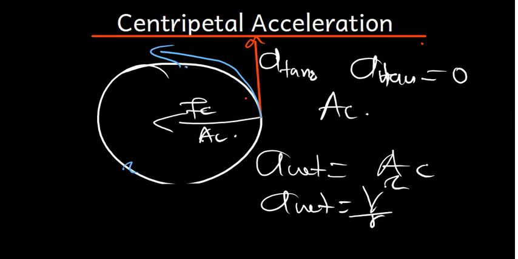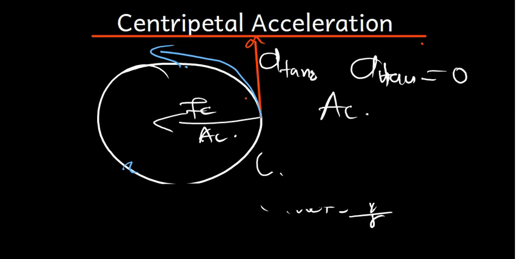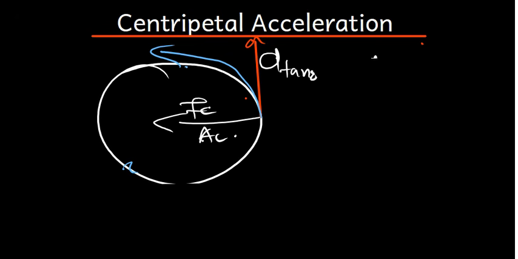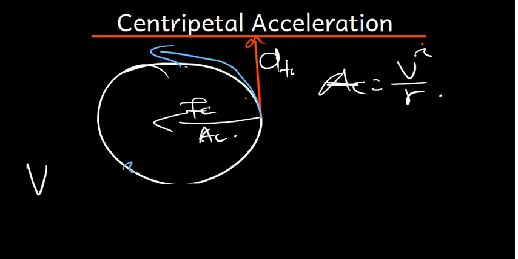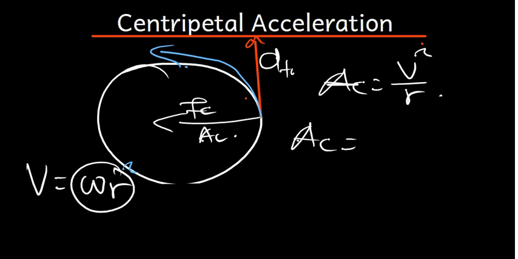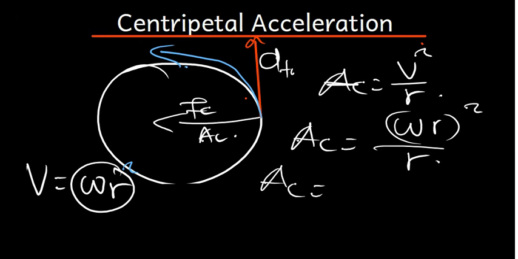Now let's talk more about this centripetal acceleration. We are saying that centripetal acceleration is v squared divided by r, but we also know that the linear velocity is given by the angular velocity times the radius. So I can replace v with what I have there. So the centripetal acceleration is going to be (ωr) squared divided by r.